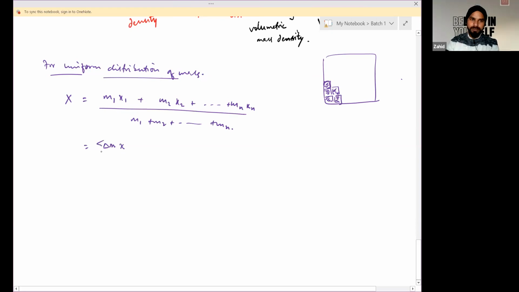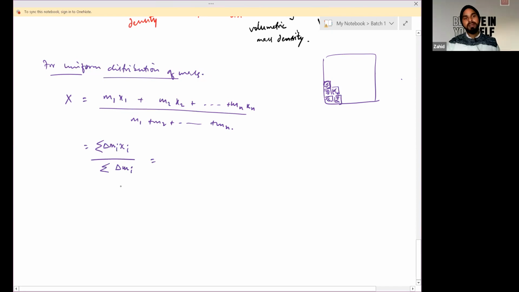Now, if you sum up all these small segments, you will get the total m1 x1 for that part. So this is the ith position, divided by the summation of delta m at the ith position.